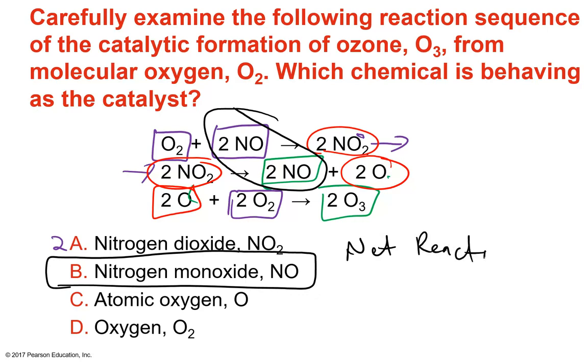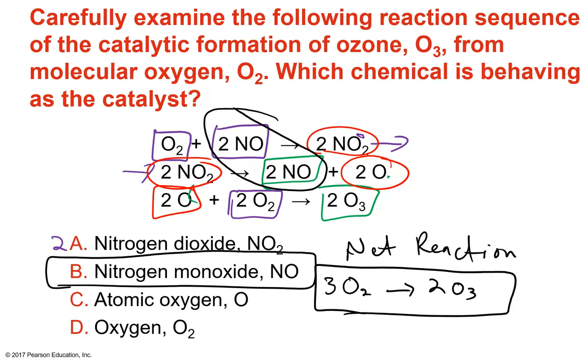And if you did the net reaction, it doesn't appear in the net reaction, which is what I meant by saying it's not part of the reactants or the products. The net reaction is going to be everything you started with to everything you ended with, removing the stuff that was present both beginning and ending. So this is the net reaction.